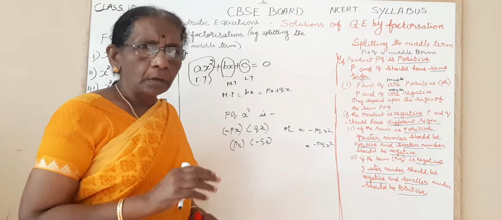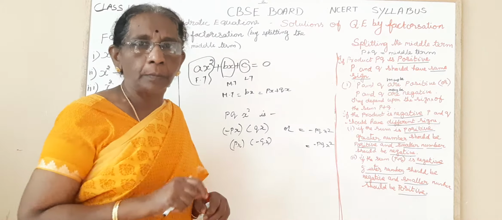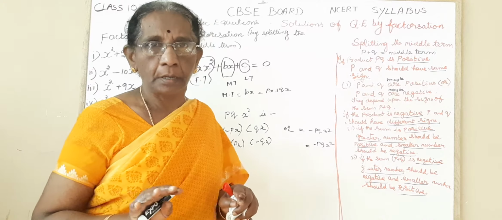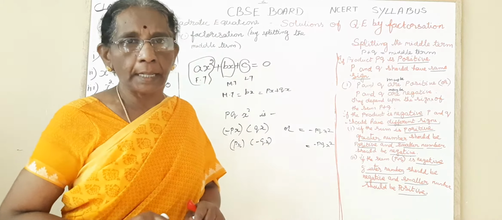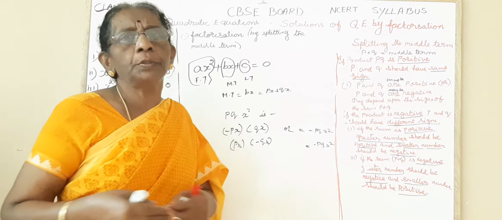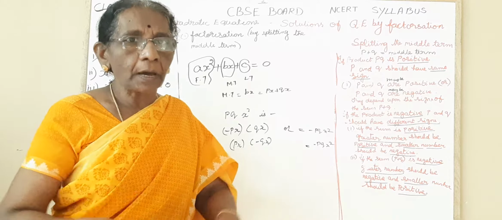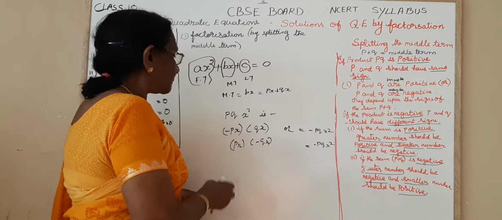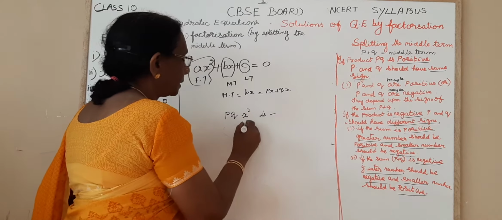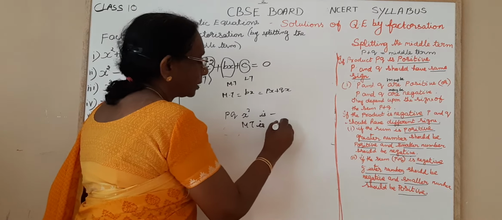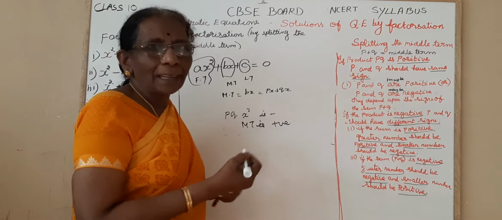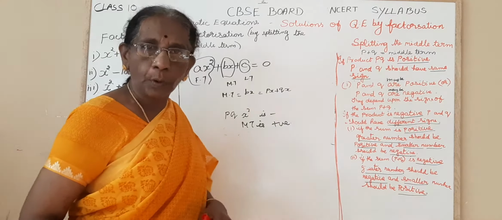Okay, now when you deal with two numbers, it's a must that one number will be greater than the other. One will be the big number, the other will be the smaller number. So you will give negative to which number and positive to which number? See, suppose the middle term is positive, the big number will be positive. So let us take P as the big number and Q as the small number.